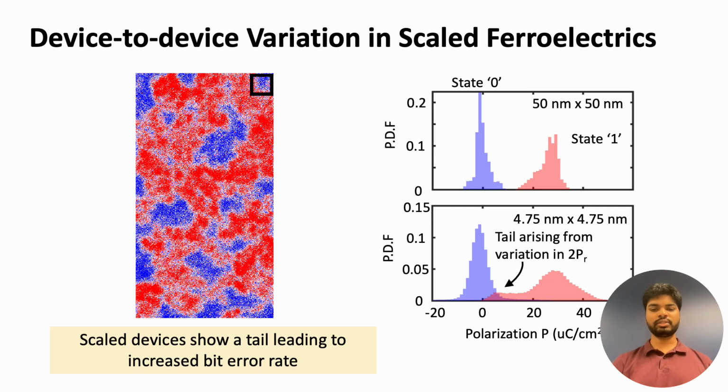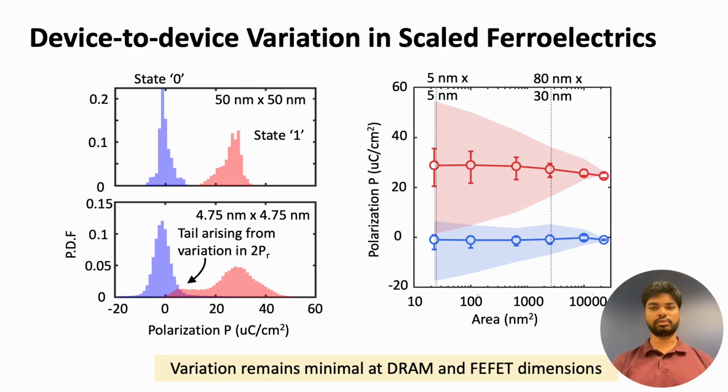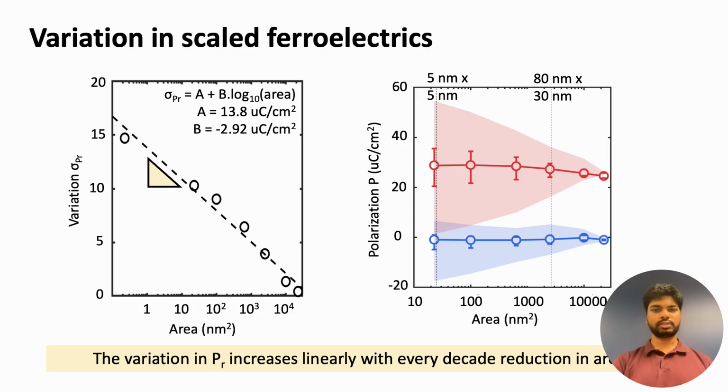Now we have summarized the variation in polarization across different device sizes. We see that error-free one-bit operation is possible down to 200 nanometer square devices roughly, with the overlap increasing with any further scaling. Plotting the standard deviation of polarization against the device area helps us quantify this, with the variation increasing linearly with the log of the area.